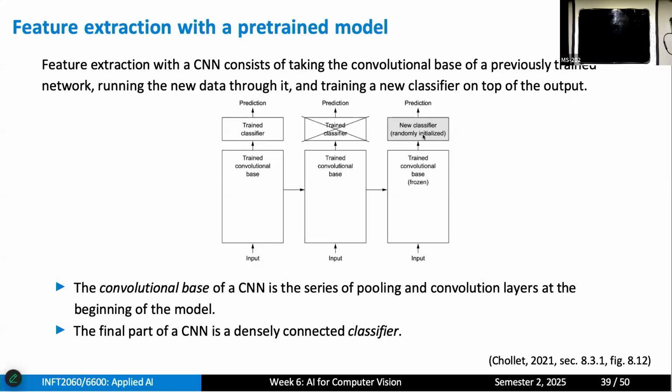For example, swimming, bike, car, bus, and flight, yeah, that's 5, right? So create your dense layer, and consider the input of your dense layer as the output of the previous trained convolutional layers, all right?